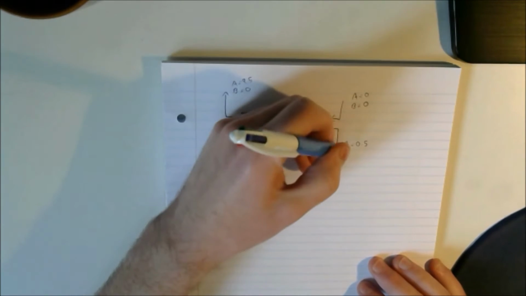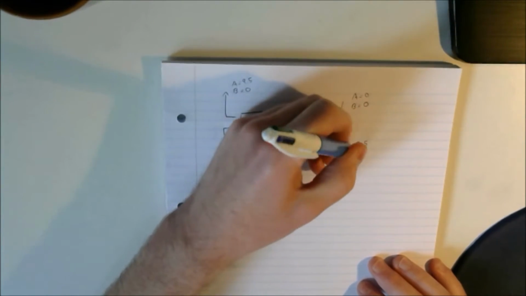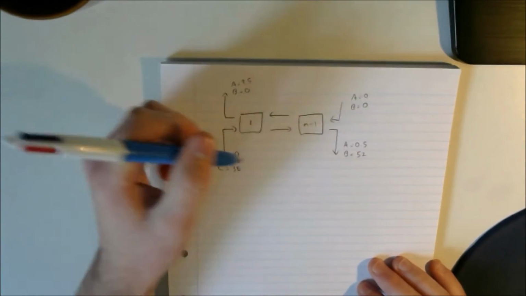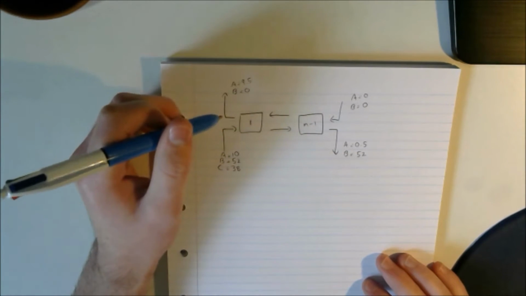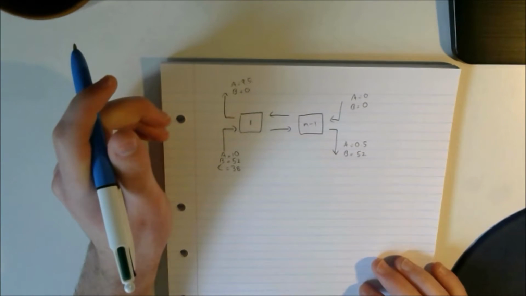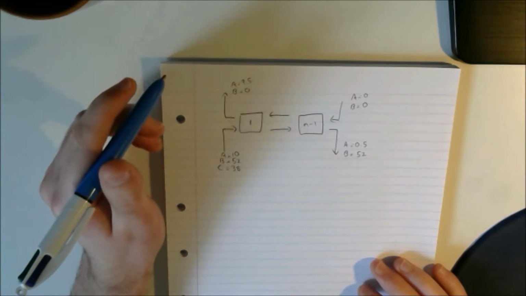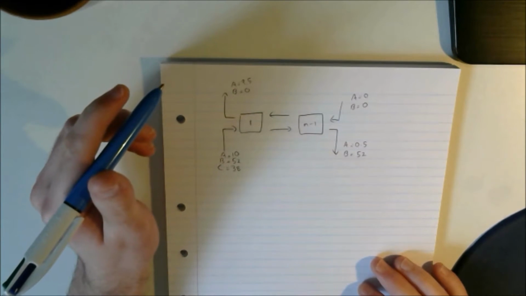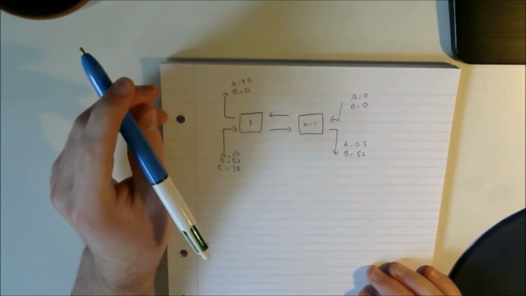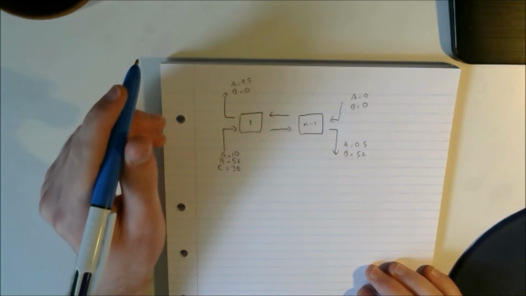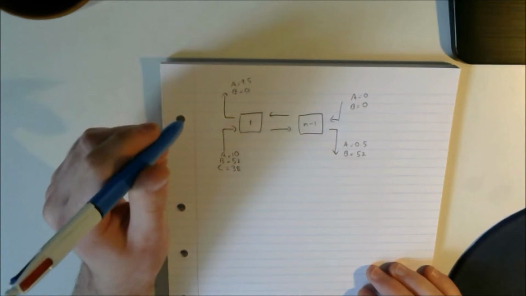What else do we know? We know that B is going to be 52 kilograms down here because the solid stays in the underflow streams. And what do we also know? We're also given that each kilogram of dry pulp retains 2.5 kilograms of water.